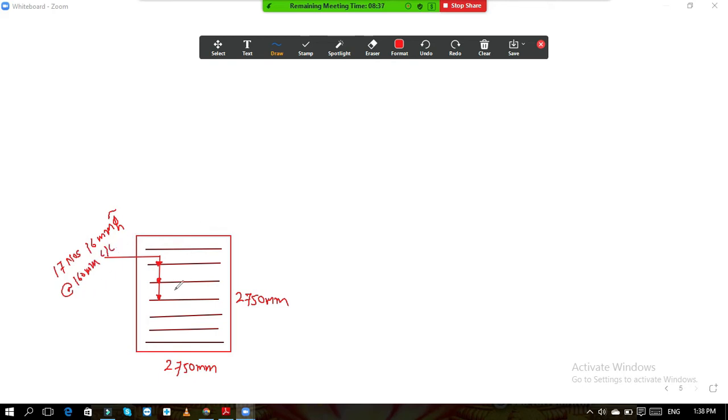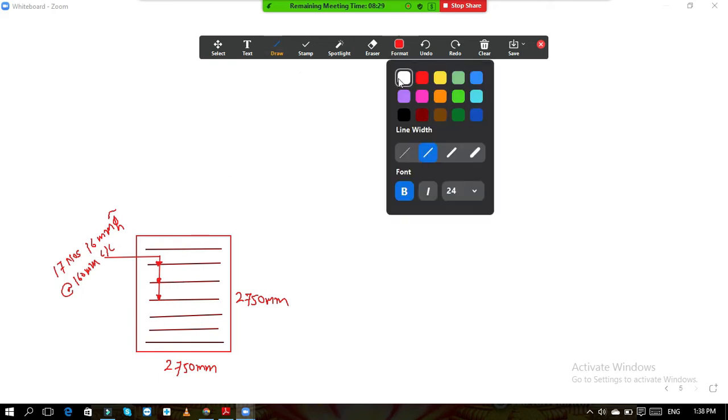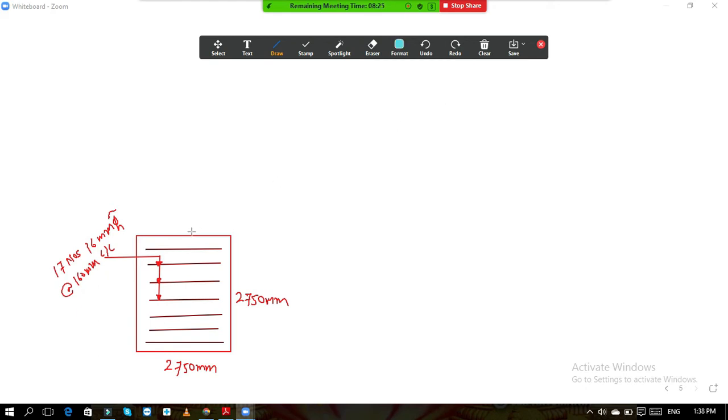This is the steel in x direction. Now we will draw the steel in y direction also. So in y direction, these are the bars which are in y direction. These are the bars. I am tentatively drawing. Spacing is not exactly maintained in the drawing, but on site it should be maintained.